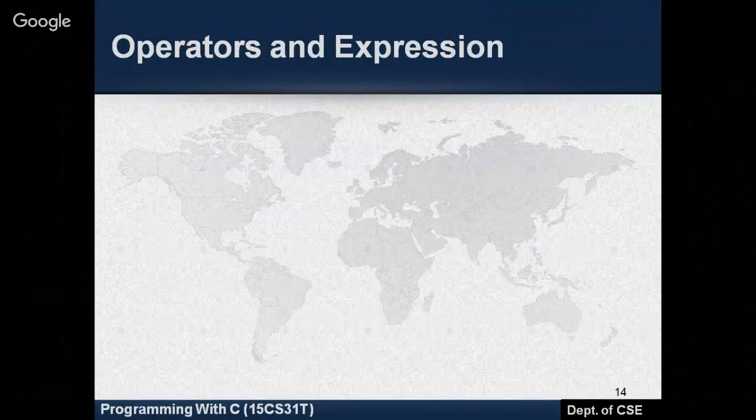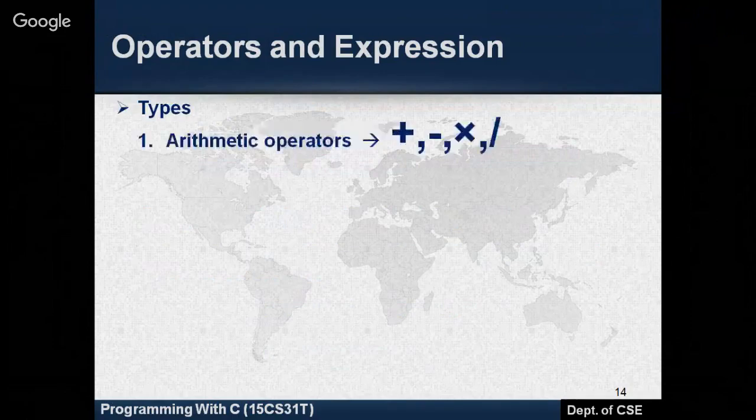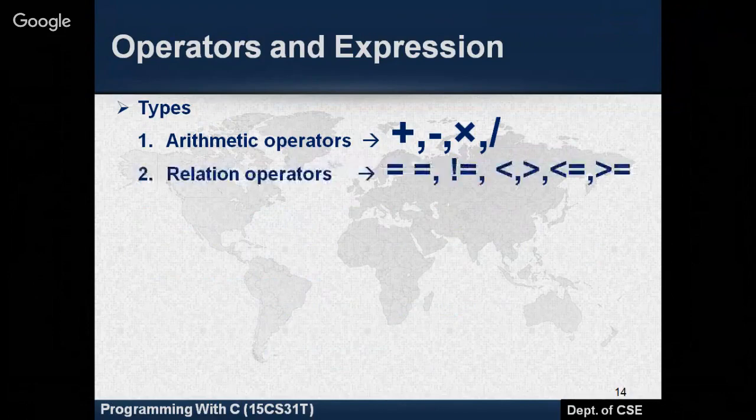Okay, so next we will go for one more concept of C, which is operators. Operators are used for manipulating the values in terms of expressions. There are so many operators present in C. We already discussed them in the previous class. The first one is arithmetic operators: plus, minus, multiplication, division. Then relational operators, which are used for comparing values: equal to, not equal to, less than, greater than, greater than or equal to, less than or equal to.